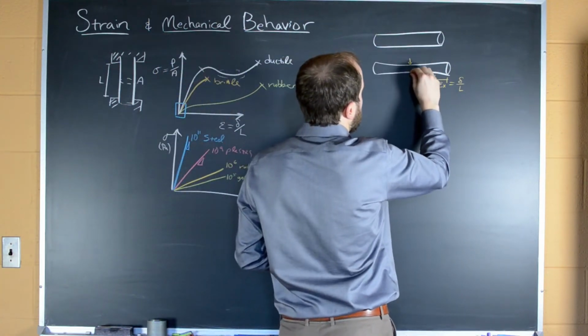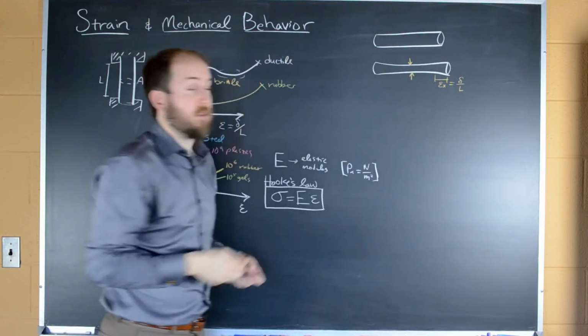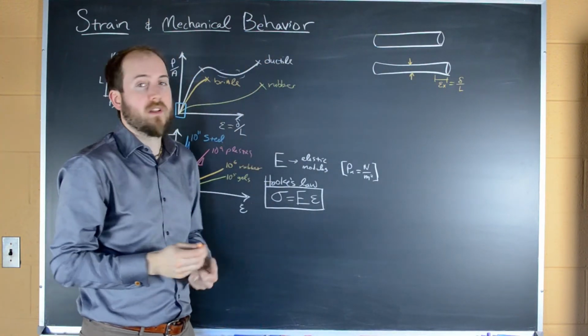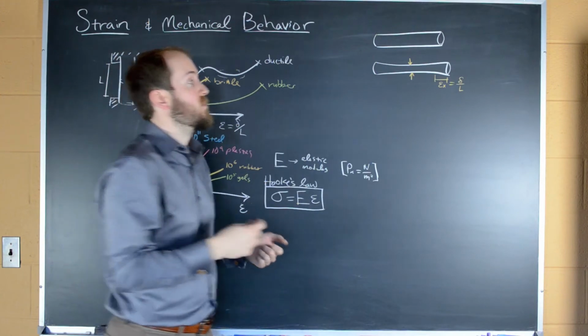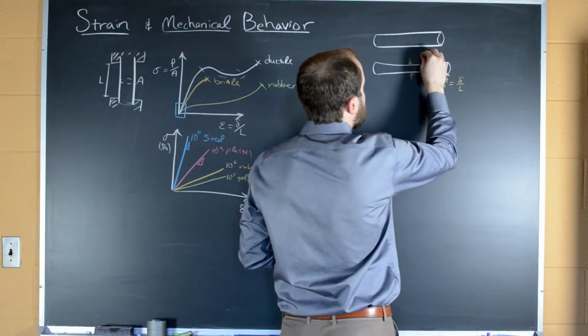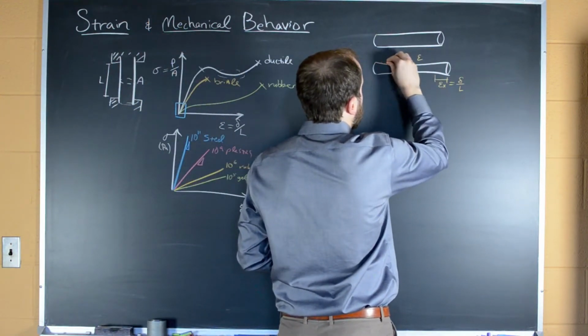And our strain in the orthogonal directions, so if we're in Cartesian coordinates, I'd be saying the strain in the y and the strain in the z is going to get smaller by some amount.